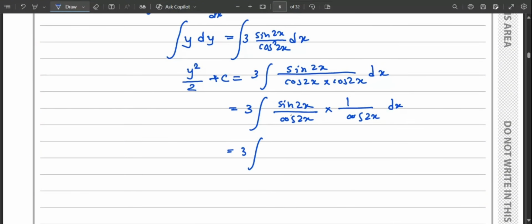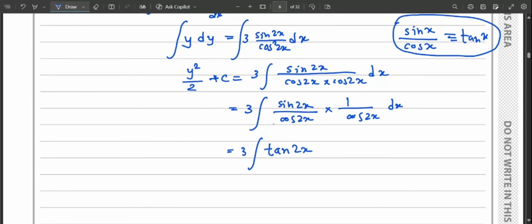Further simplifying this, sin 2x divided by cos 2x will be equal to tan 2x. We already know this from our identity: sin x divided by cos x is equivalent to tan x. From this identity, sin 2x divided by cos 2x is equal to tan 2x.